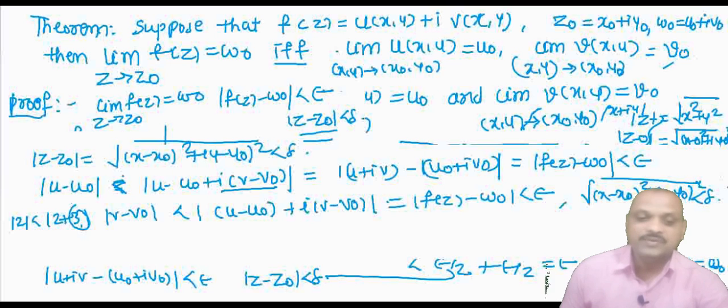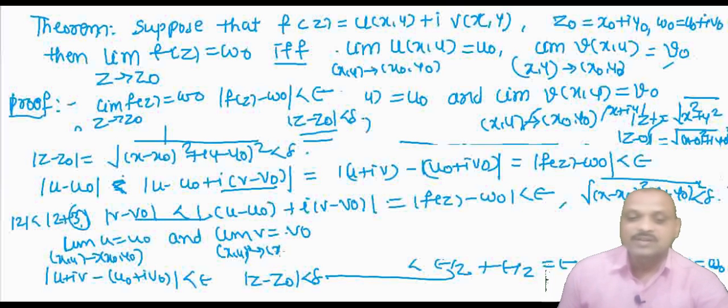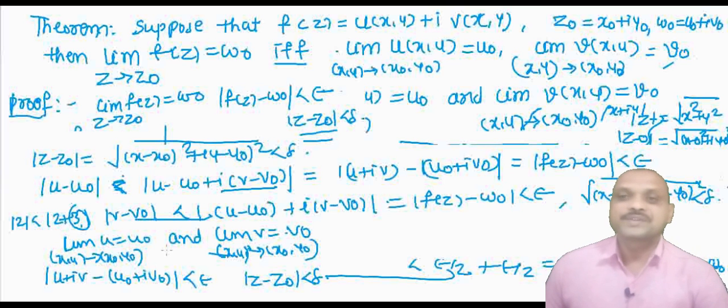Then what do we get here? Mod of u minus u0 is less than epsilon, meaning by definition the limit of u equals u0 and the limit of v equals v0, as x comma y tends to x0 comma y0. So whenever the limit of f of z equals w0 when z tends to z0, we have the limit of u equal to u0.